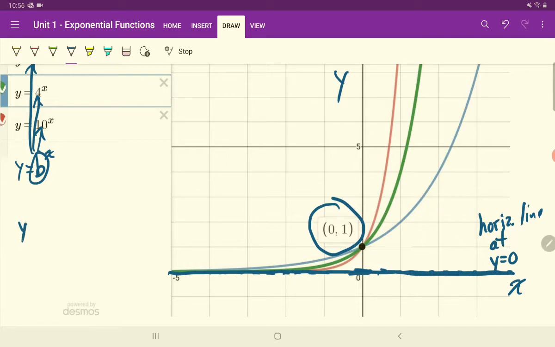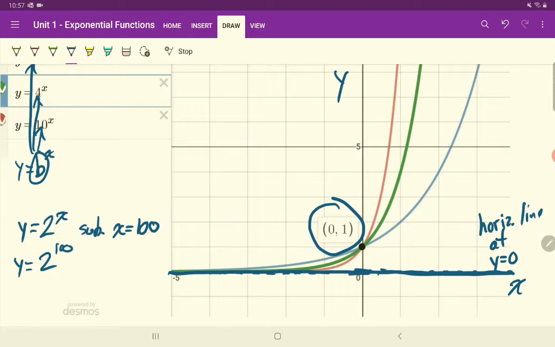If we were to plug into y equals 2 to the x, substituting x equals 100, what would we get for y? What would our output be? Okay, so y equals 2 to the power of 100.